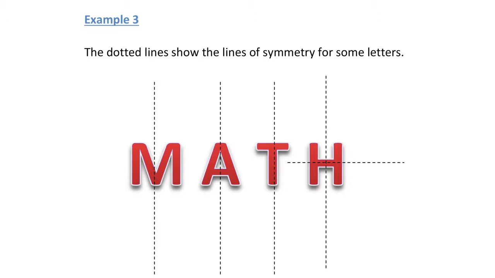The letter A has one line of symmetry which divides the alphabet into two equal parts. The same with the letter T. It has one line of symmetry through the middle. And then the letter H has two lines of symmetry, as we can see, one horizontal and one vertical.